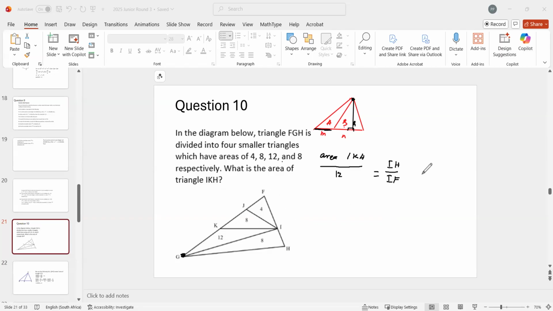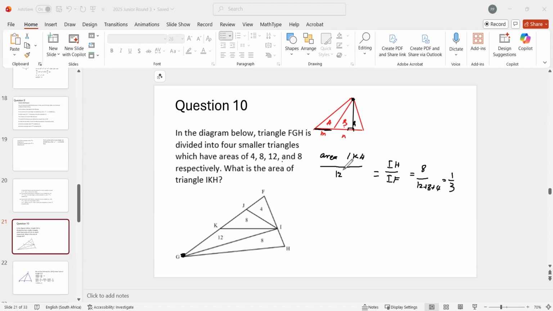And that's the same as 8 over this area here over the entire area, right? Because GI divides this large triangle into two parts. So you got 8 over this area here is 12 plus 8 plus 4. Right? And that is 8 over 24, which is 1/3.